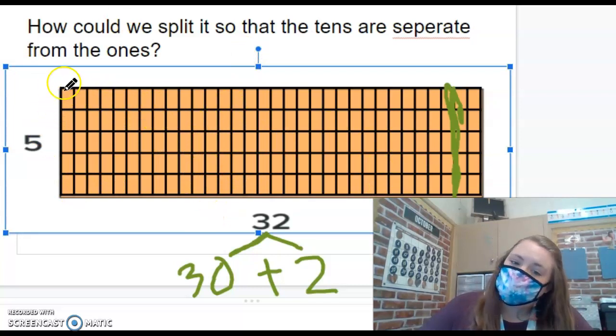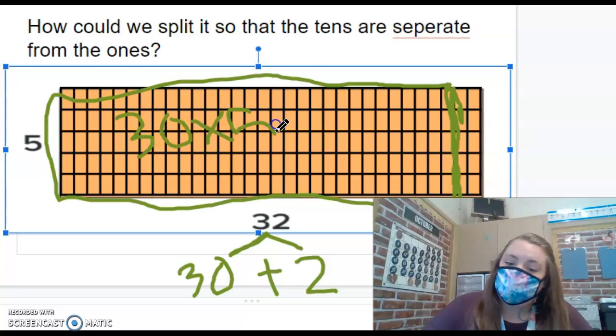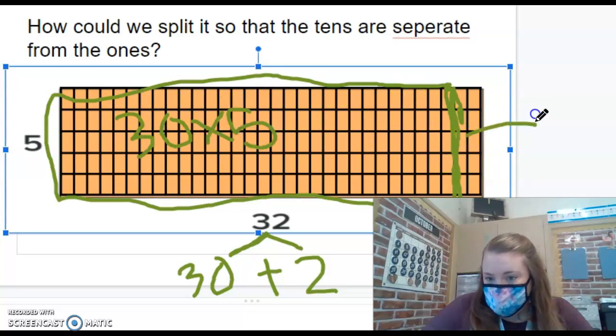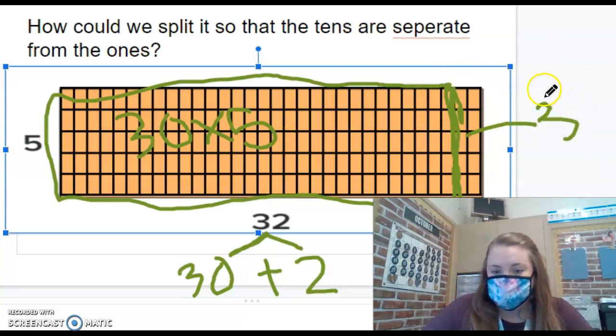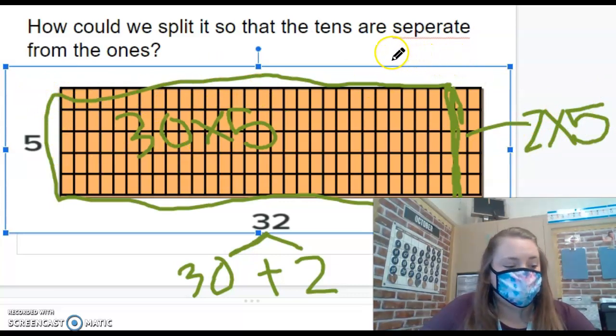So this right here, our very first rectangle, would now be 30 times 5, and this one's going to be 2 times 5. So now we have 30 groups of 5, and then 2 groups of 5.